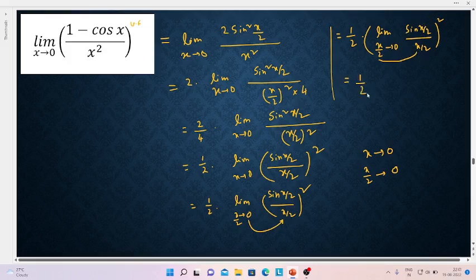So it will become half times 1 square, which is nothing but half, right. So now you can understand why this particular limit value is actually half. So limit x tends to 0 of 1 minus cos x upon x square is nothing but half, right.